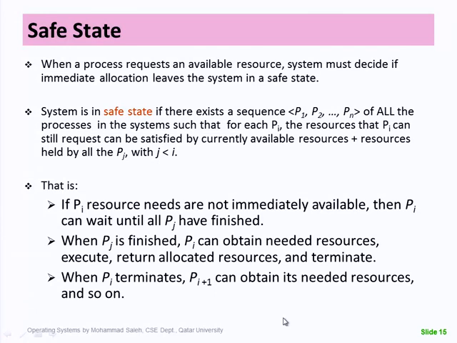An execution sequence, an order in which you can execute all processes requesting resources in the system. If you can do so, then we say this is an execution sequence guaranteeing that the system is in safe state. But if we can't find so, then the system is not in safe state.